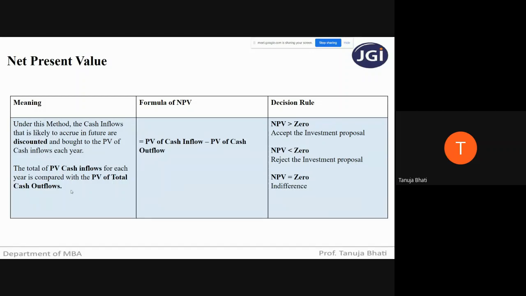Now, I will ask you logically, you all give me the answer. Suppose I bring the future value inflows to the present value, and your outflow is a present value itself. Tell me, if my outflow is more than the inflow, should I accept the proposal or reject the proposal? What should I do, students? Suppose my outflow is more than my inflow, should I go in for that particular investment decision?